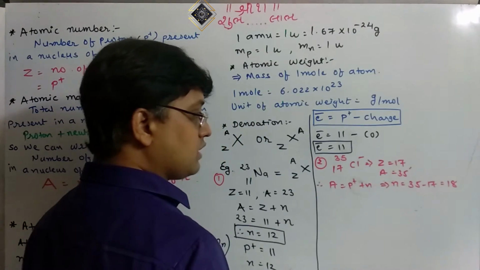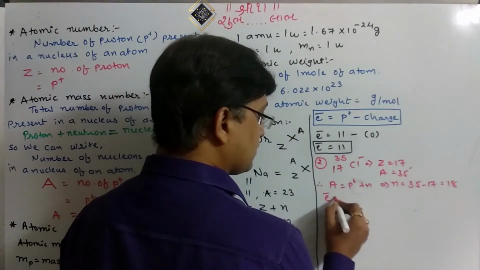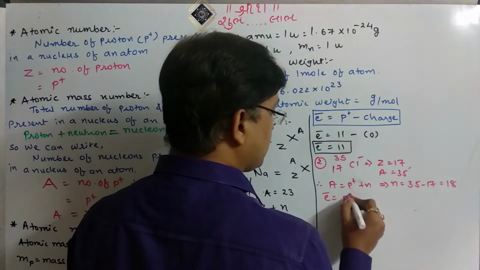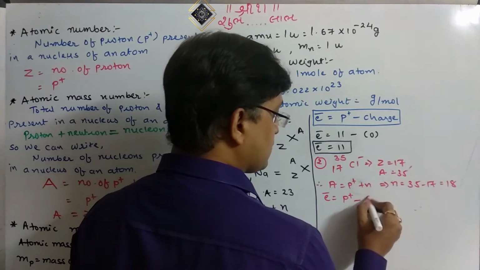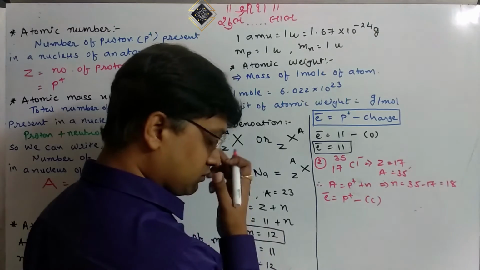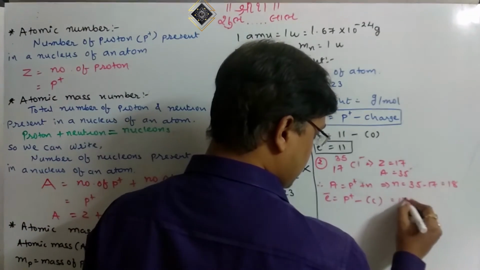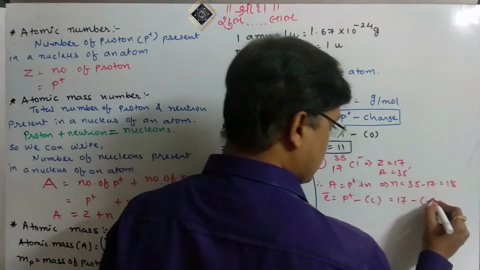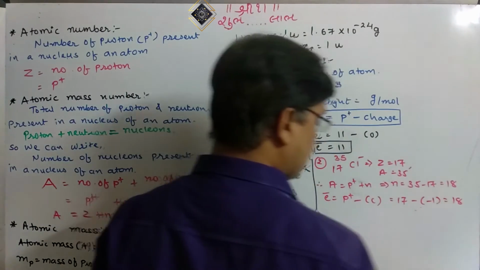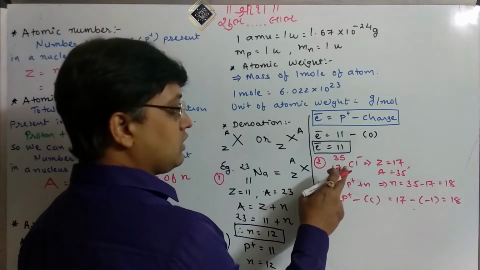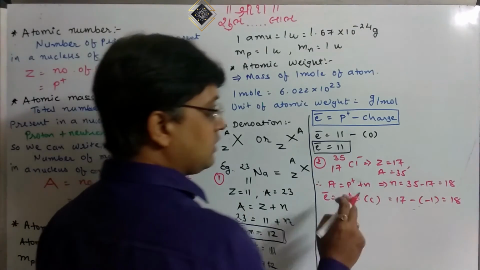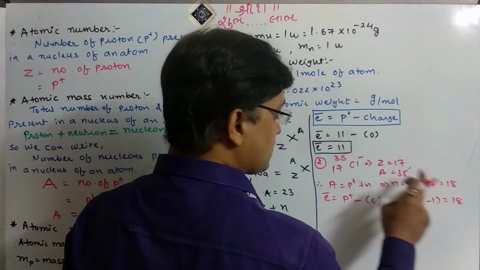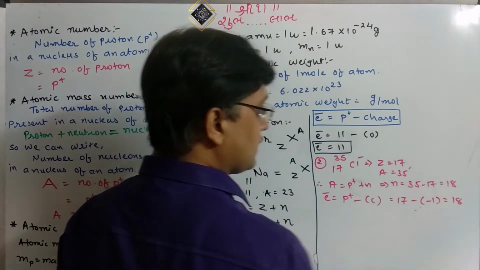Clear? Number of neutrons is 18. Let's calculate the electron. Electron is equal to P plus, for charge I am using the sign C, that is equal to 17 minus the charge of the chlorine, here it is -1, so we have 18. That means 17 chlorine 35 minus contains 18 neutrons, 17 protons and 18 electrons.